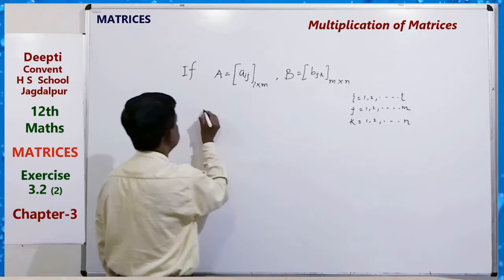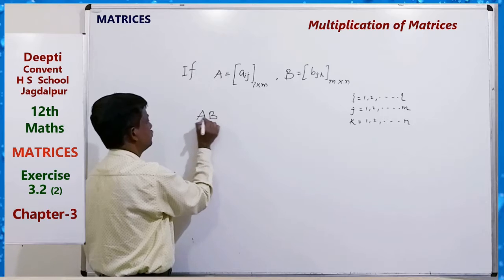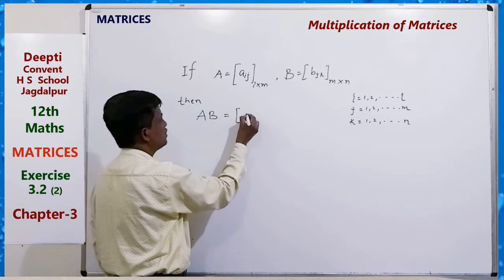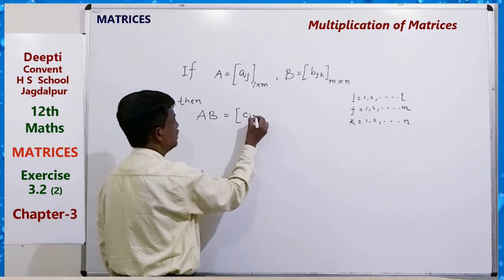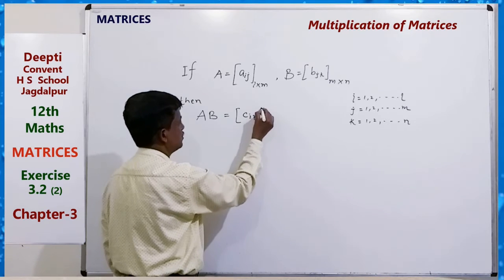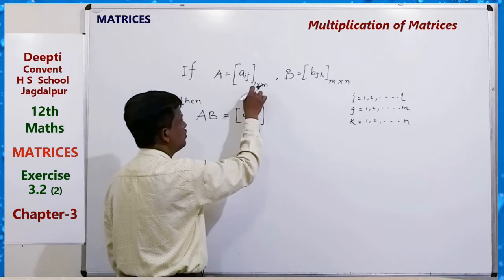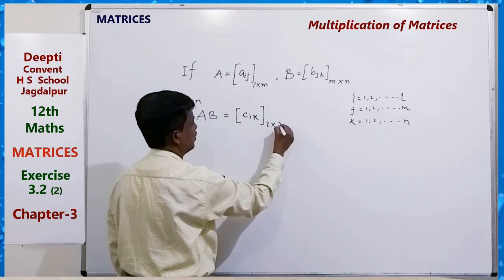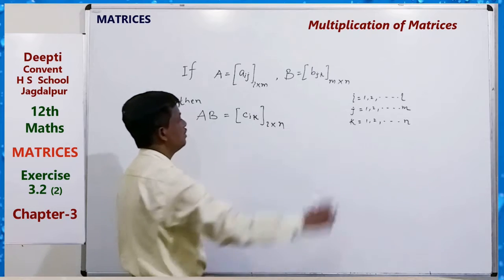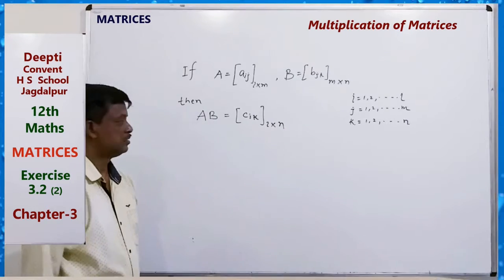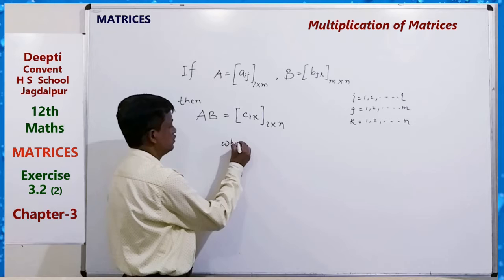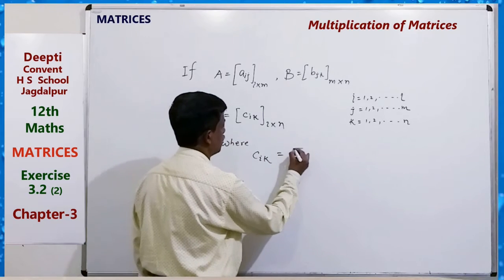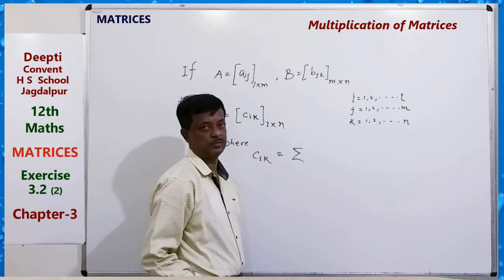So AB is defined. AB is defined as a matrix. C i k will be the element, and i means L, k means N, omitting M, an L by N matrix. Where C i k equals the sum of what?